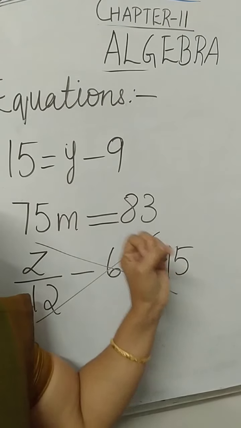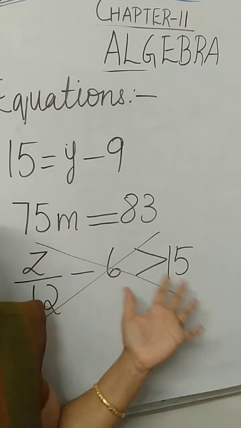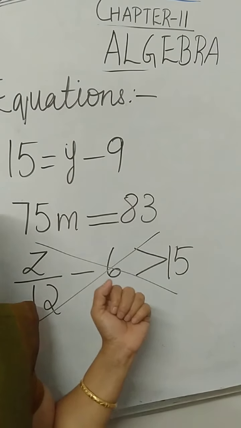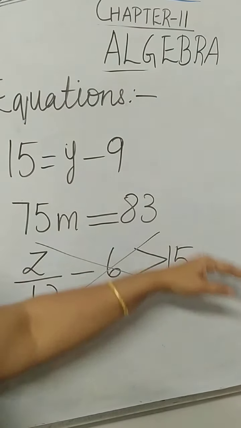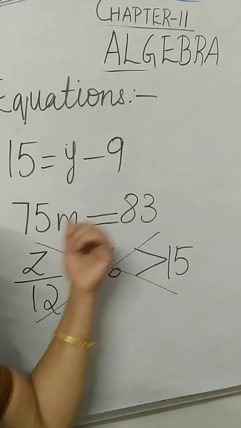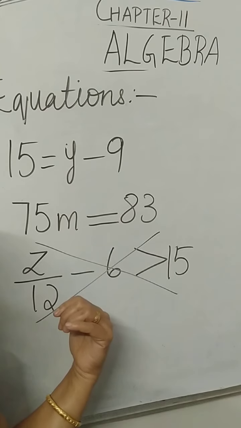Then we learned what a variable is and what constants are. Then we learned how expressions are formed, how to write expressions in the form of statements, and how to write statements in the form of expressions. In our previous class we learned all this.